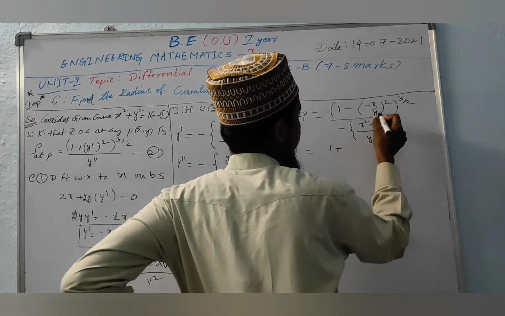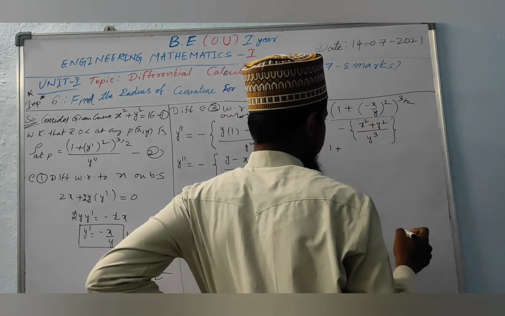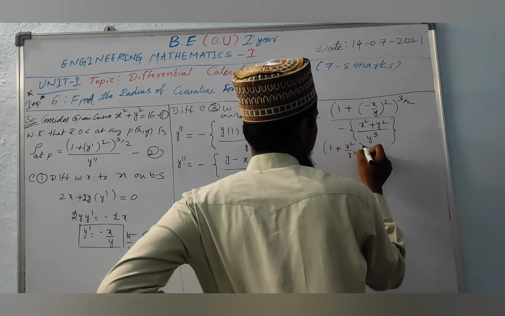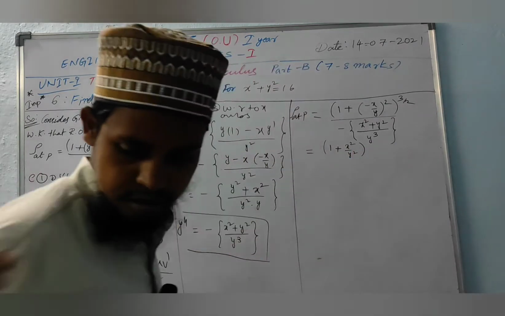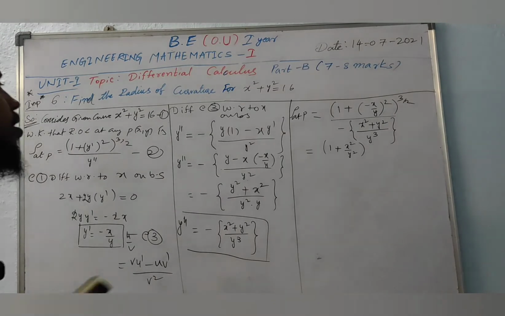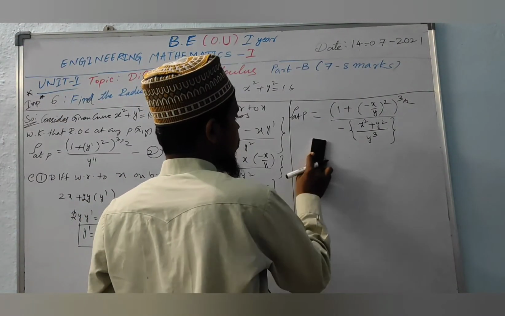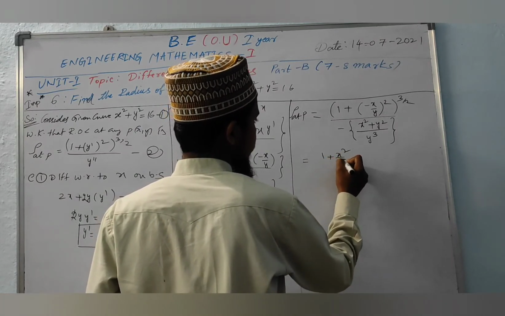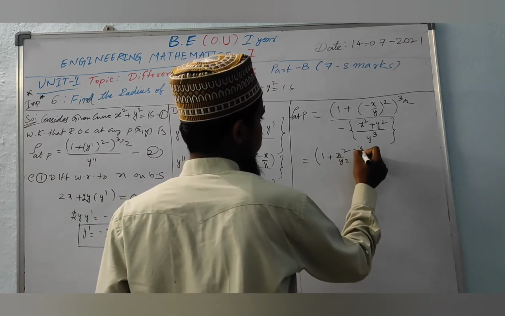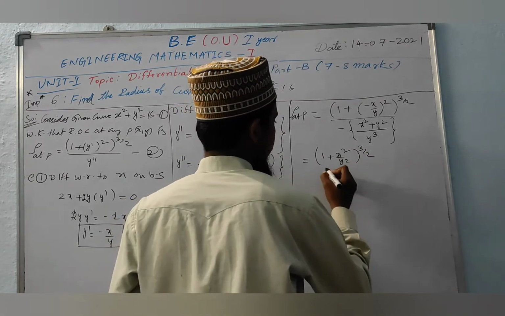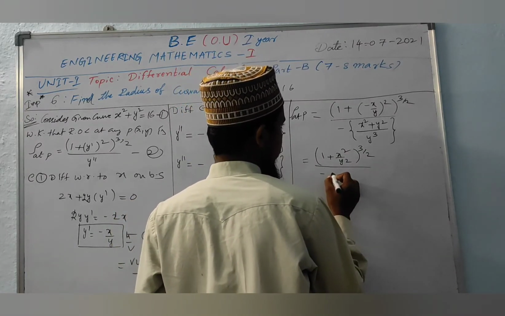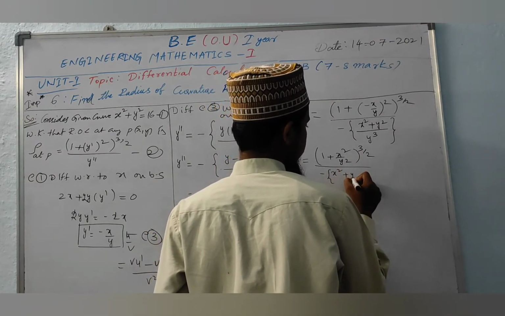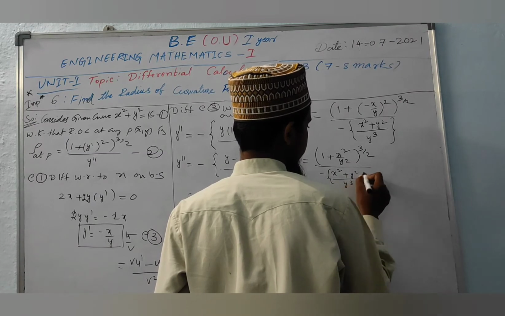1 plus x² by y², the whole to the power of 3/2. Now the denominator is minus of (x² + y²) by y³.